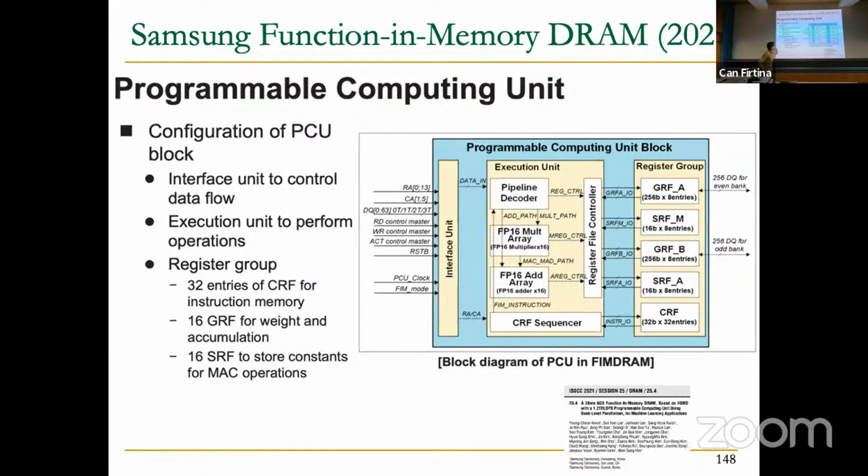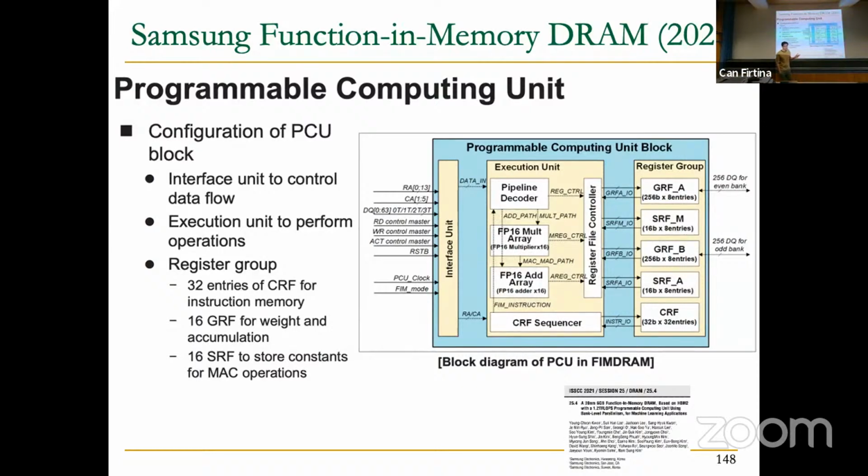This is a view of one of these PCUs, or compute units. What they have are some registers, but then they have a pipeline, in some sense similar to another processor, where you have some unit that reads instructions, decodes them, and sends signals to the execution units, in this case an array of multipliers and an array of adders.